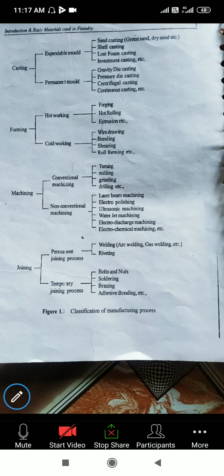Conventional machining is where a hand cutting tool is used for removing the excess material. Now next is non-conventional machining. Non-conventional machining is nothing but the advanced technology of conventional machining.